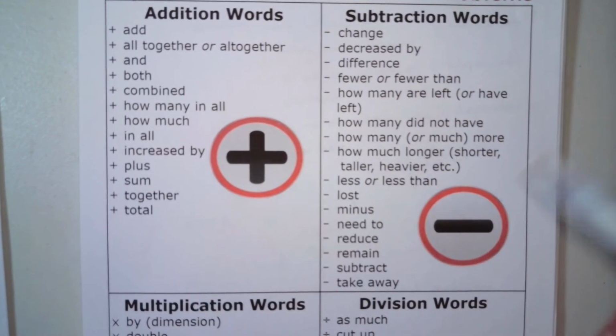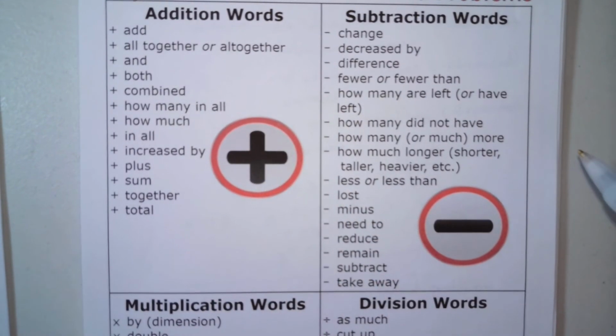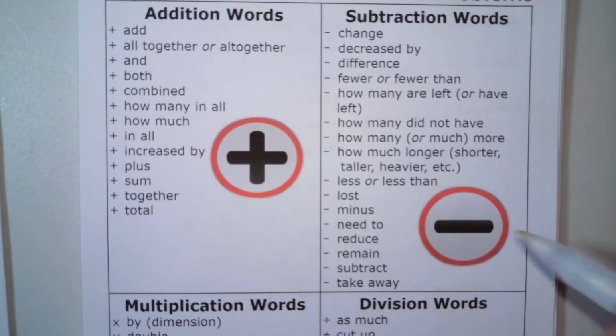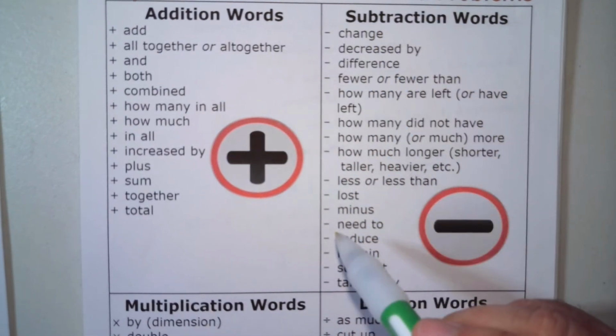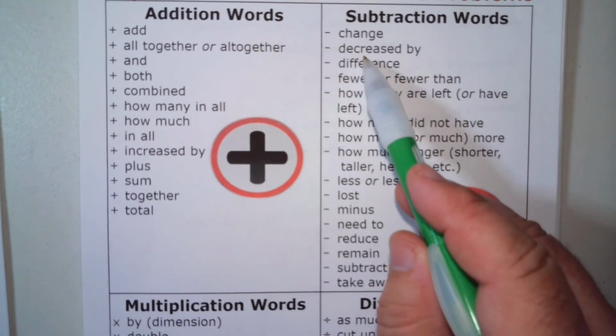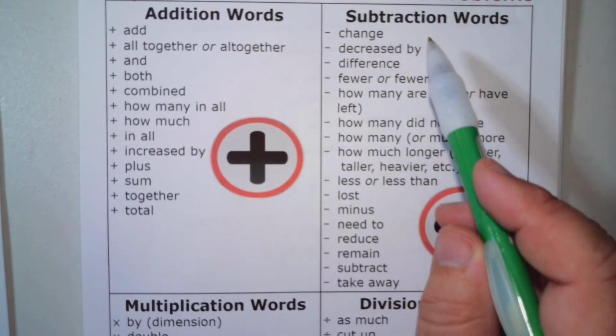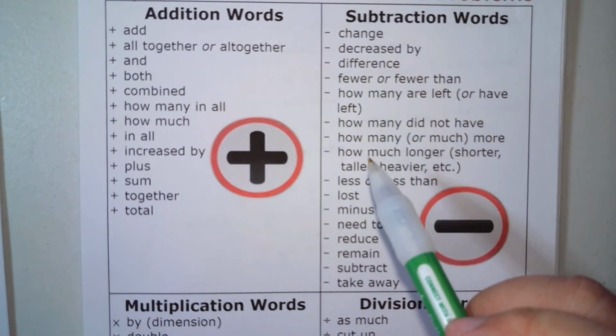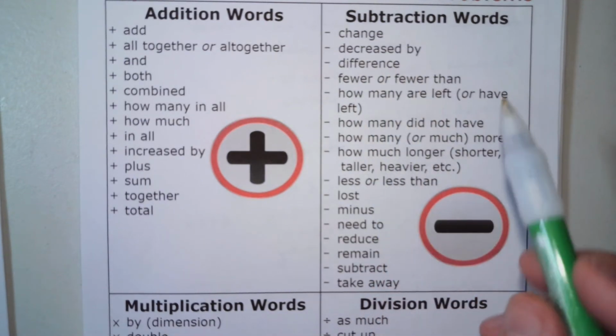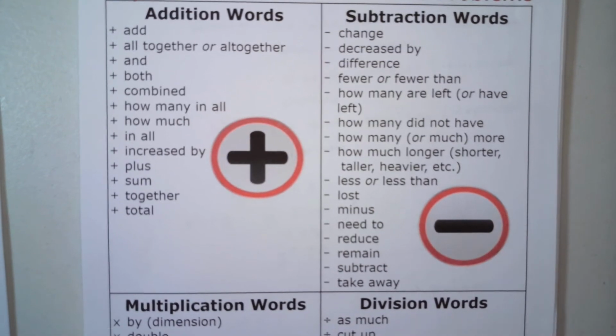So pretty much, for addition, it doesn't matter how you combine them. Subtraction, it's usually the second number goes first. So 7 decreased by 3, that one's straightforward. But the difference between 7 and 9, I have to go to the higher number minus the smaller.